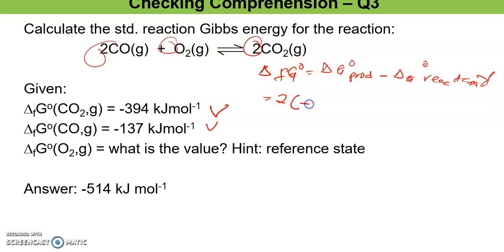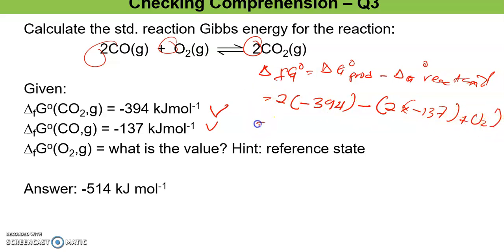So the value is 394 minus, we have 2 mole of carbon monoxide, because you need to remember this value is for 1 mole. Now we have 2 mole, 2 times minus 137, plus O2.